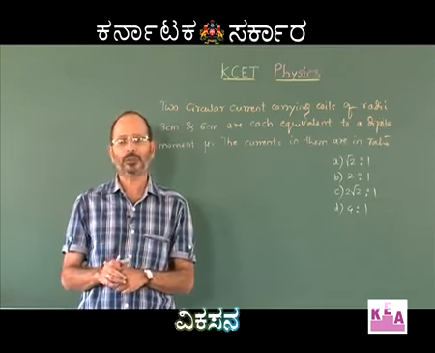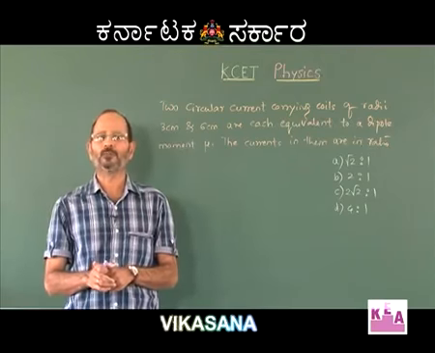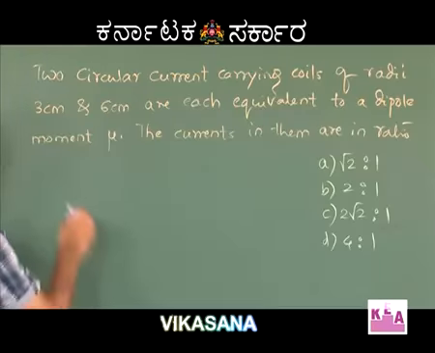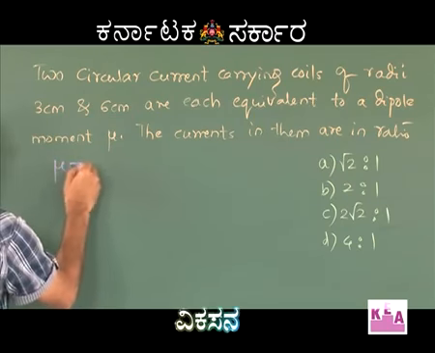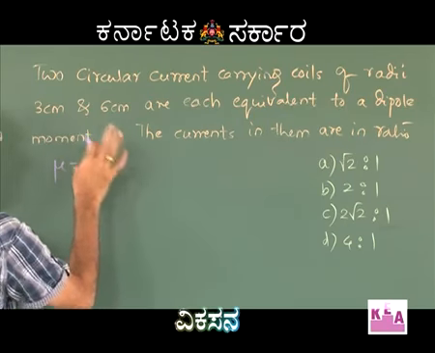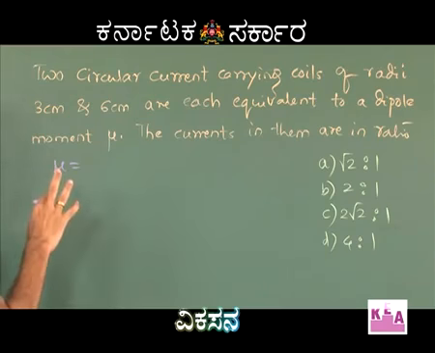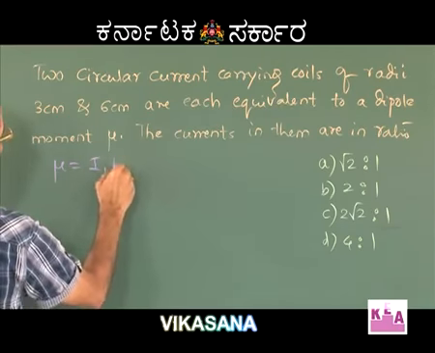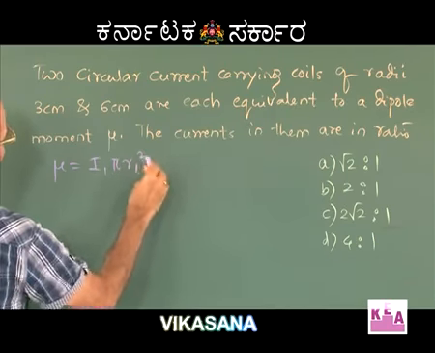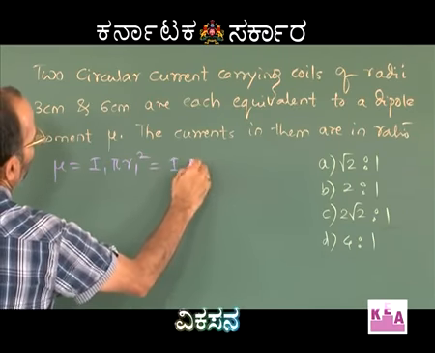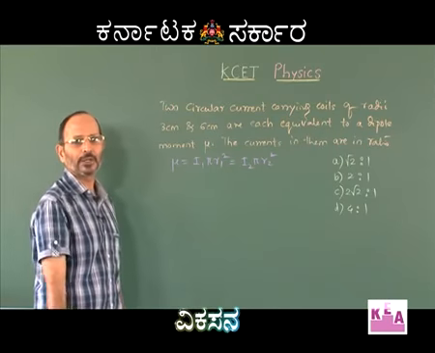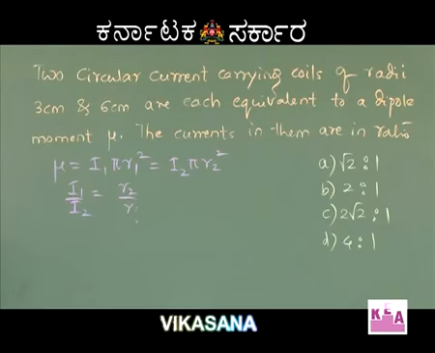So, let me write the magnetic moments due to both of them and then equate them and compare the currents. So, here mu is equal to, as I had earlier said, NIA, but I am taking the number of turns to be 1, therefore, it would be only I1 into pi R1 square equal to I2 into pi R2 square. I have taken the currents to be I1 and I2 and the radii to be R1 and R2.